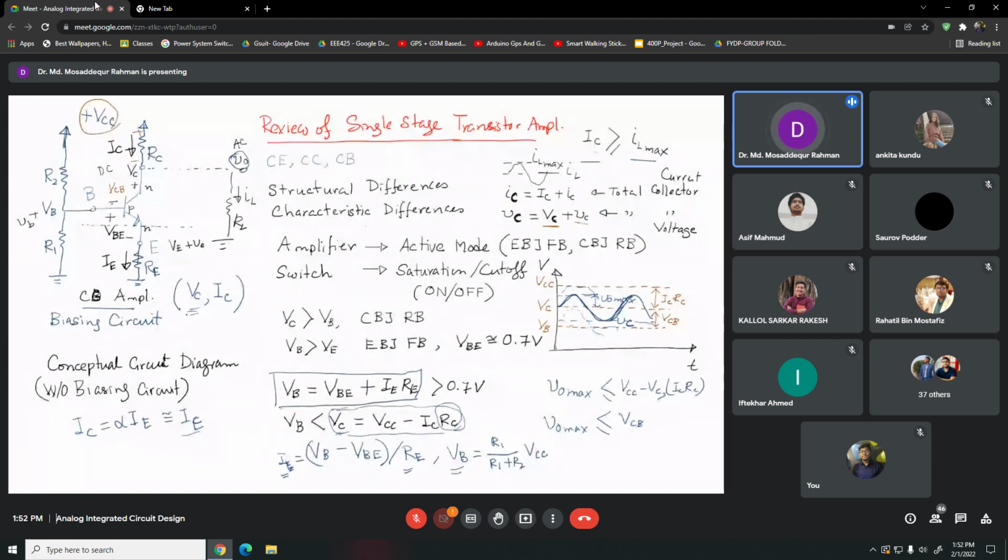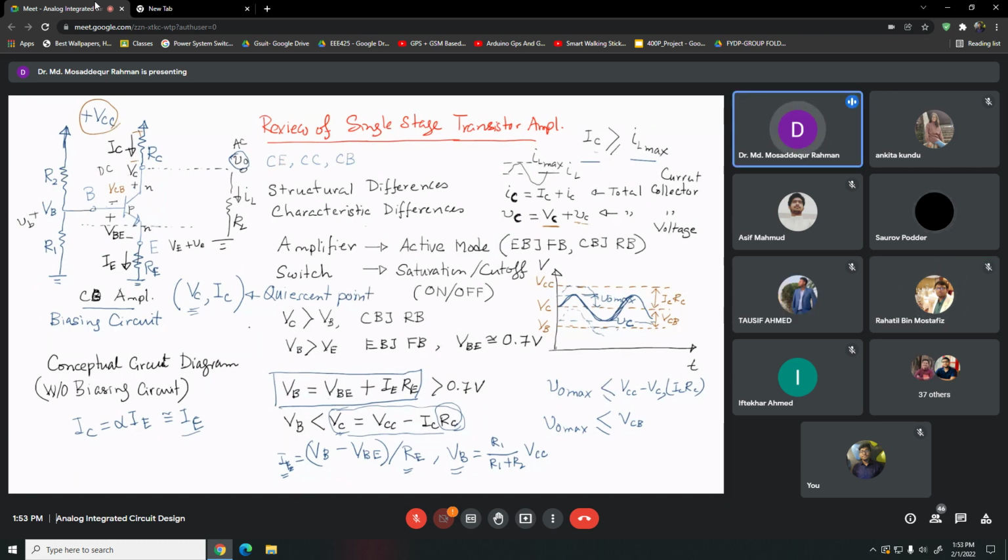By designing the biasing circuit, VC and IC, these two parameters, are very important. And these two parameters together are also known as the quiescent point. I don't remember the actual spelling of this. Called the quiescent point. Have you heard of this one? No, sir.